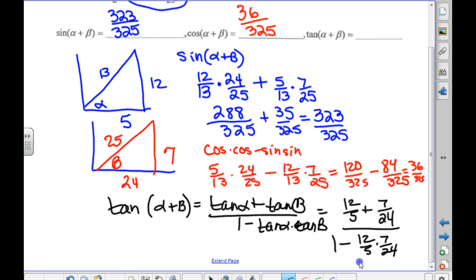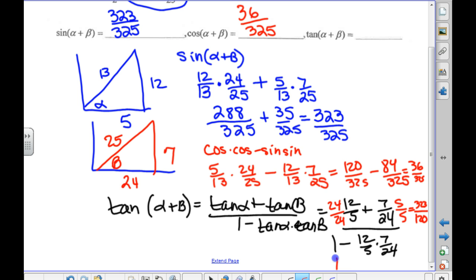Okay? Common denominator up here would be 5 times 24 is 120. So we got to multiply this by 24 over 24 and this by 5 over 5. So what's 24 times, that's 288 plus 35. 288 plus 35 is 323 over 120. Okay.